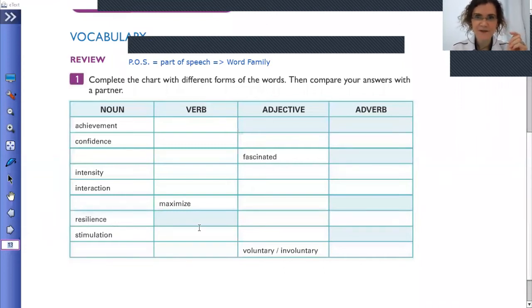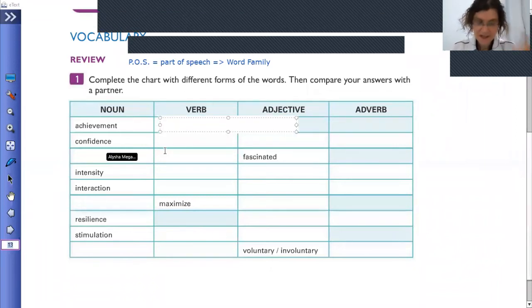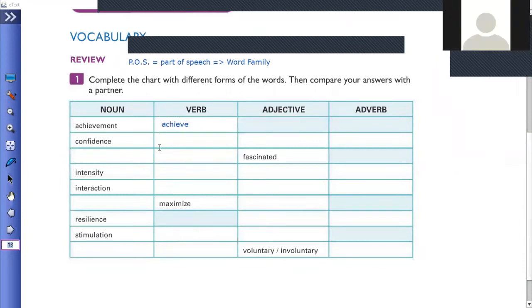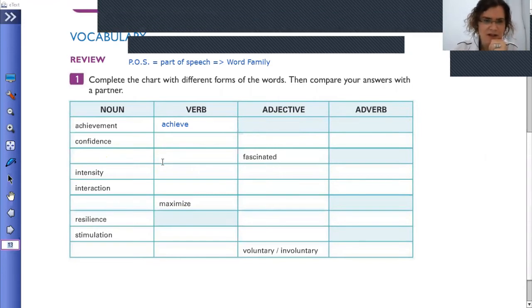No? Oh, so sad. Okay, then I'll have to do it. Achieve? Yep. Sorry. No worries, darling. I need my kacamata plus, but it's hard to change it all the time. So if I make a mistake, you all have to tell me.